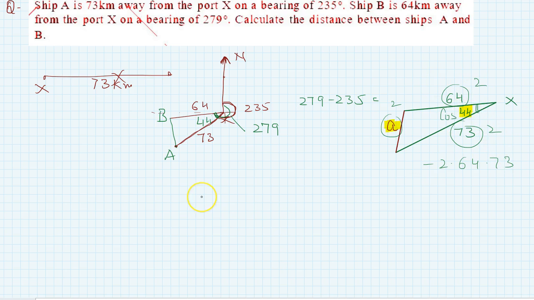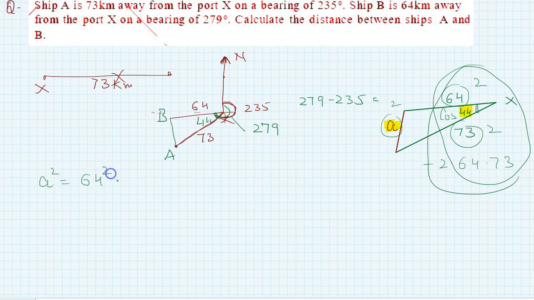That's all. So this all will be on one side and this is the other side. So A square is equal to 64 square plus 73 square minus 2 multiply 64 multiply 73 multiply cos 44. Is that simple?